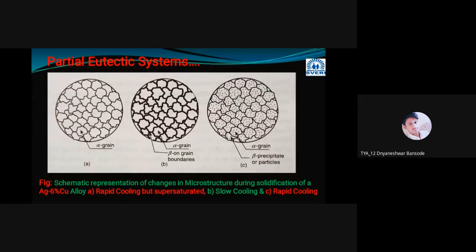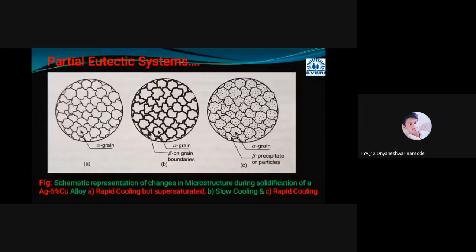Now whenever we are doing slow cooling, whichever beta solid solution is coming out from that alpha solid solution will get segregated, or concentrated, or it will occupy the grain boundaries of that alpha.